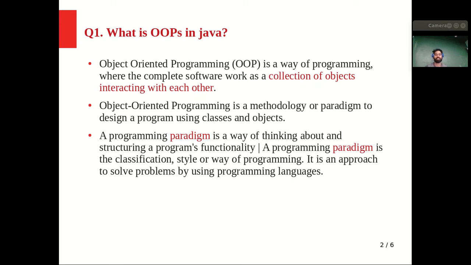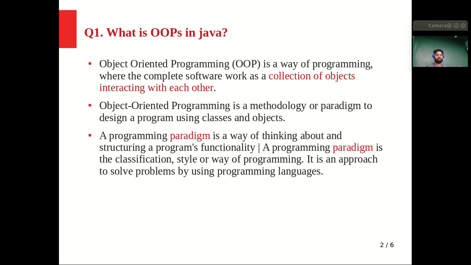Basically, it is a way of programming where the complete software works as a collection of objects interacting with each other, right? Object oriented programming is a method used for designing a program using classes and objects. It is also called the core of Java.